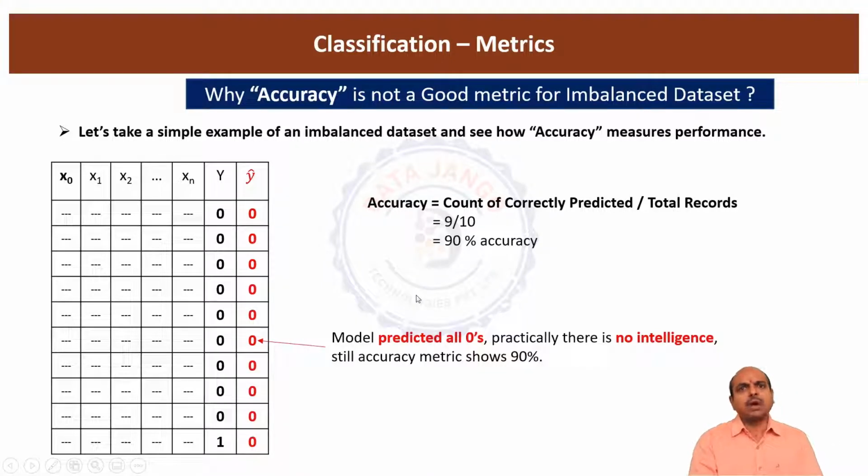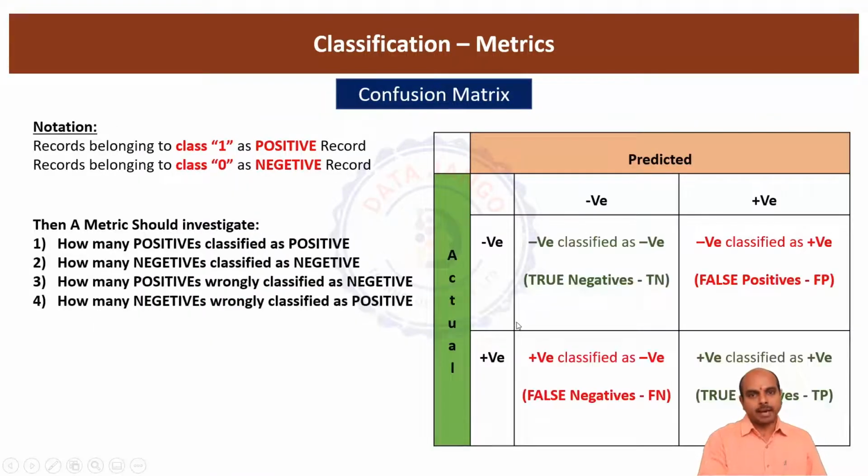In that case, how do we measure our model's accuracy? We have built a binary classification problem for 5s and not 5s. How do we measure it? There are measures. We have the confusion matrix, which takes into consideration the count of positive records predicted as positive, the count of negative records predicted as negative, the count of positive records wrongly classified as negative, and the count of negative records wrongly predicted as positive.